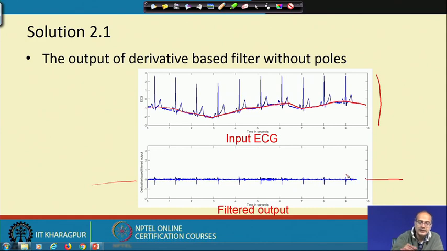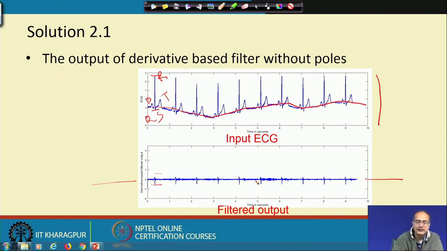If we look at the magnitude, the earlier magnitude was about -1 to say 2.5. In this case, it has reduced to a huge extent. After taking the derivative, the P wave, here is the P wave, then the QRS complex and the T wave, all of them are affected.